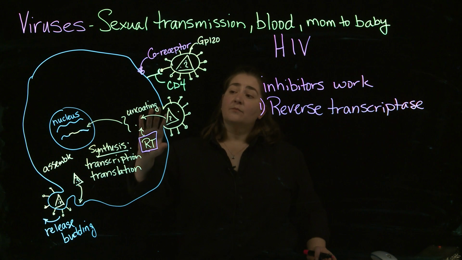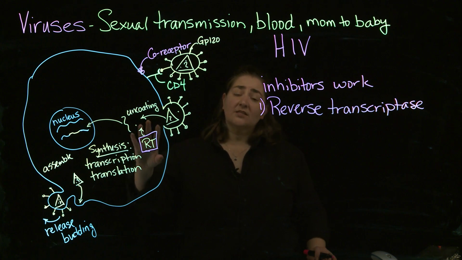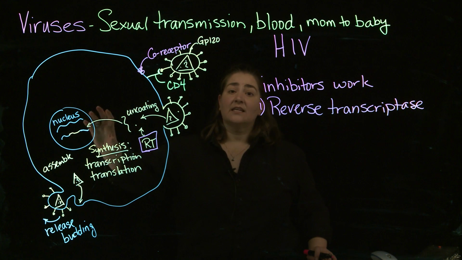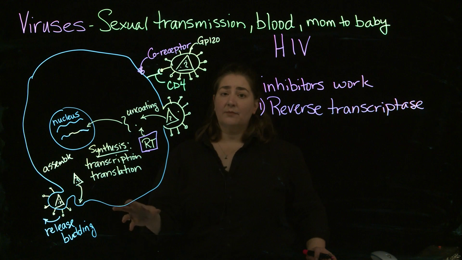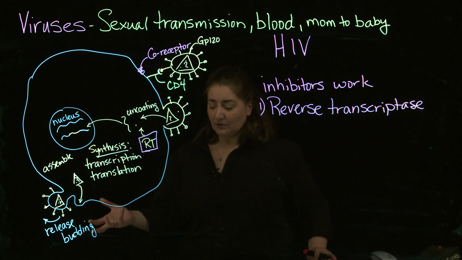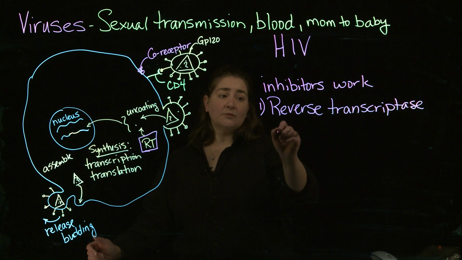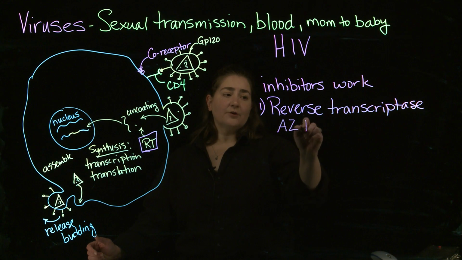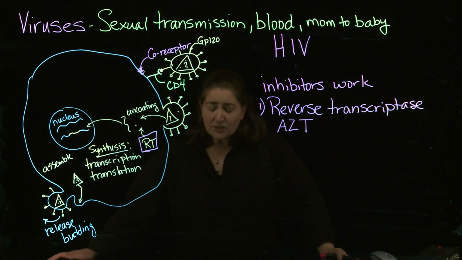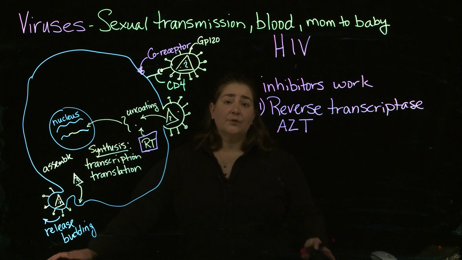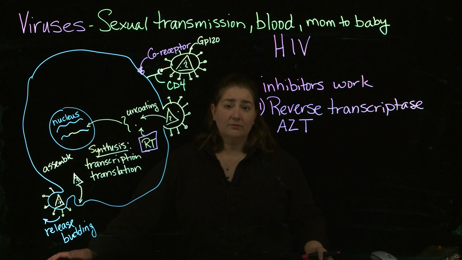If the HIV virus can't make a DNA copy of that RNA virus, you're not going to get replication within the cell. And in terms of the inhibitor, you may have heard of AZT as an example of a reverse transcriptase inhibitor as far as HIV treatment.